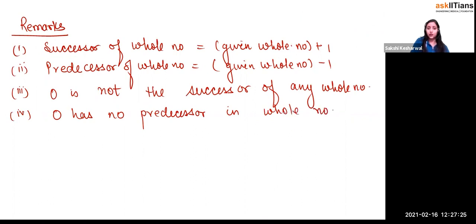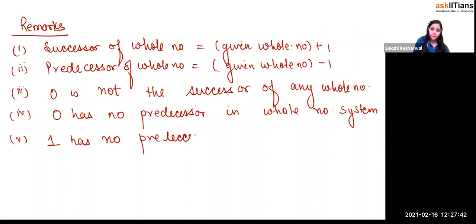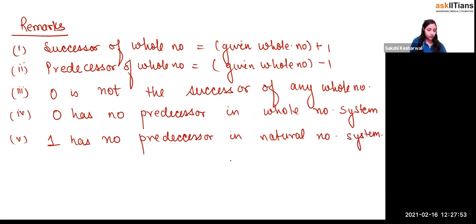Later on, we'll learn that 0 has a predecessor and 0 is a successor of a number when we study integers. But right now, we are talking about the whole number system. So yes, it does not have, right? Now the fifth part, 1 has no predecessor in the natural number system, right? 1 does not have any predecessor in the natural number system.